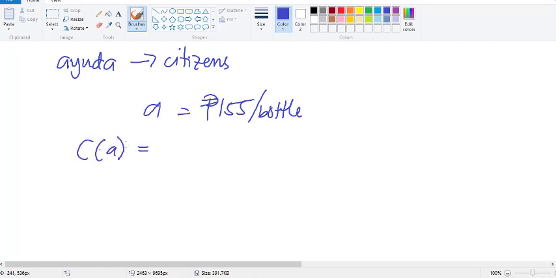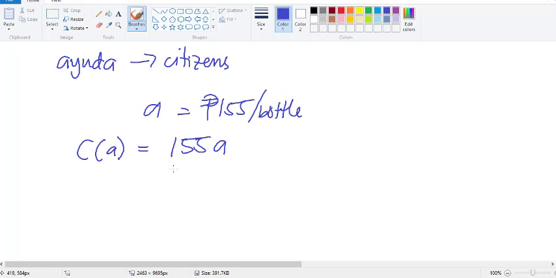How much will you pay depending on the amount of bottles of alcohol na binili mo? So your function would be, of course, something like this, right? Kasi nga, ita-times mo lang naman. You are simply going to multiply the quantity, the number of bottles that you purchased, times the amount.